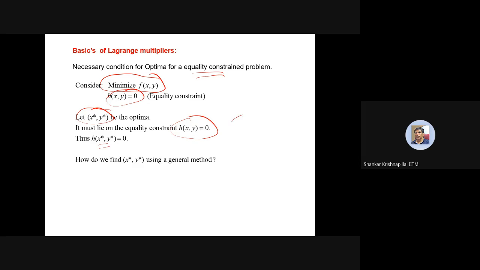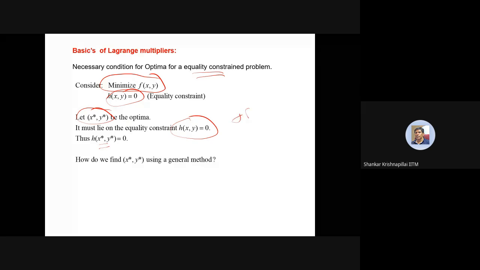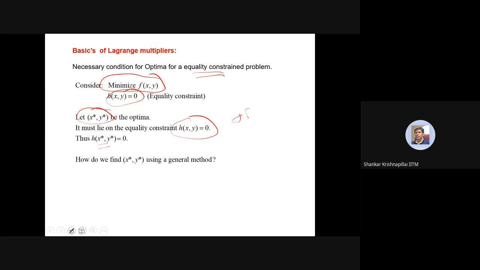And also you know that it's not an unconstrained problem. So this is the condition: the point must lie on the equality constraint, and h of x star, y star should be equal to 0.